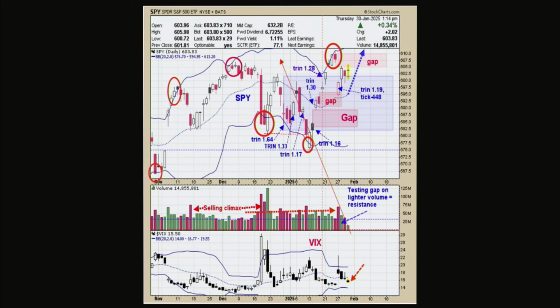On that day, on the candlestick chart, I marked in blue that the trend closed at 1.19, which is what I consider panic in the trend. And we had a closing tick of 448 down ticks. The market just threw up that day. So we got panic in the volume, panic in the ticks, and panic in the trend.